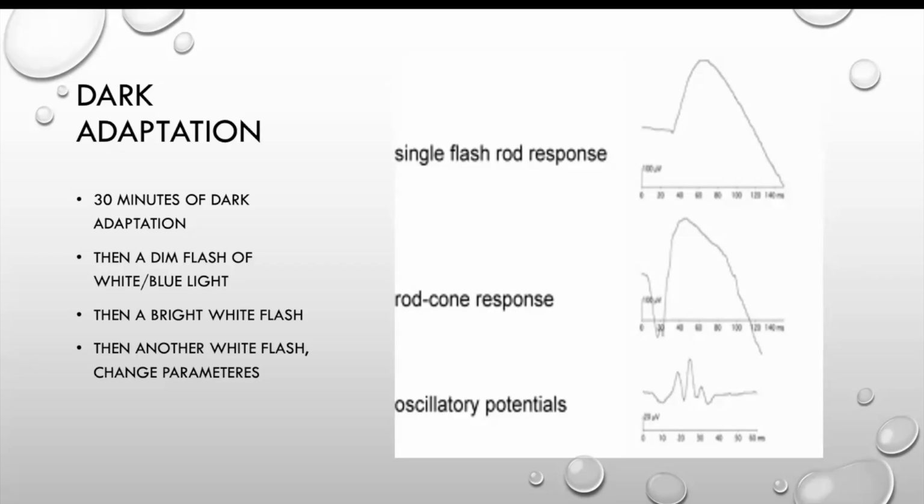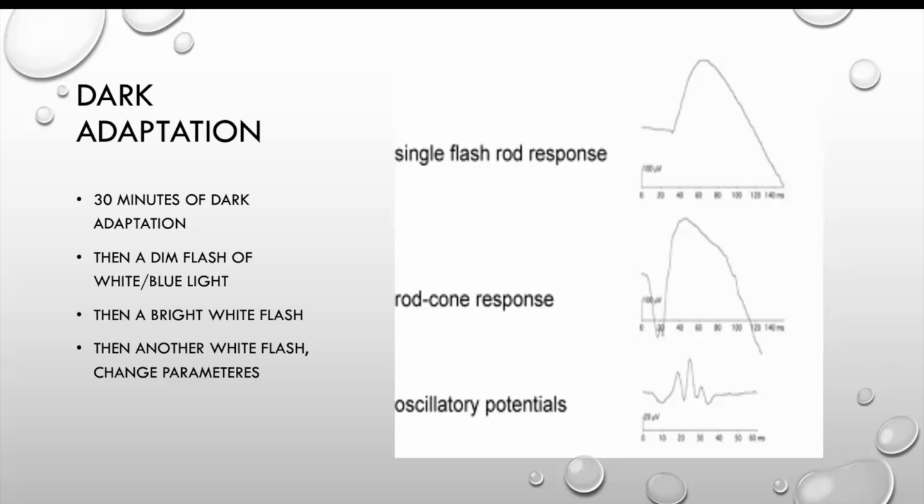And then after that dim flash, you're given a bright white flash, and then you'll get a combined response of both your rods and your cones. Now, remember, you only get the rods responding to a dim flash of light. So you're only going to see those cones respond, sorry, when you get a bright flash of light.